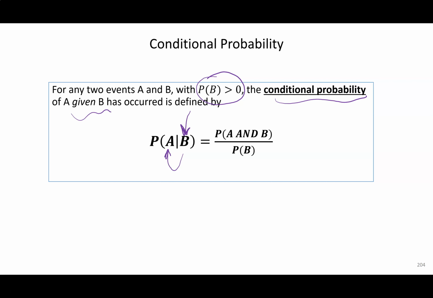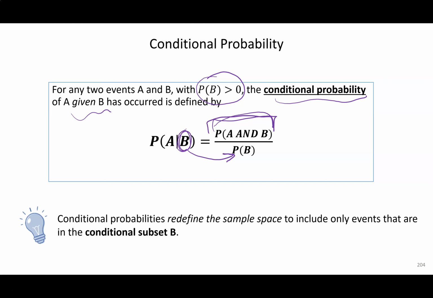That's what it's asking. So you can define it as the probability that both of them happen, so probability of A and B, over just the probability of B. And for me, it's easy to say, whatever's here goes here. And it's always the probability of both on top.